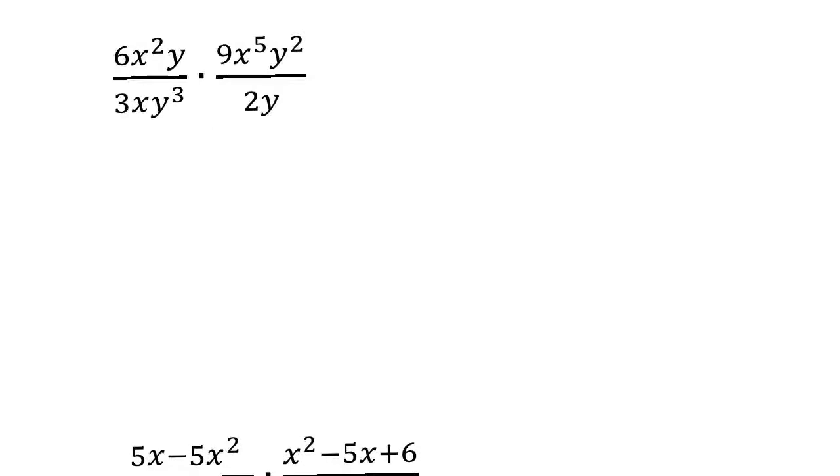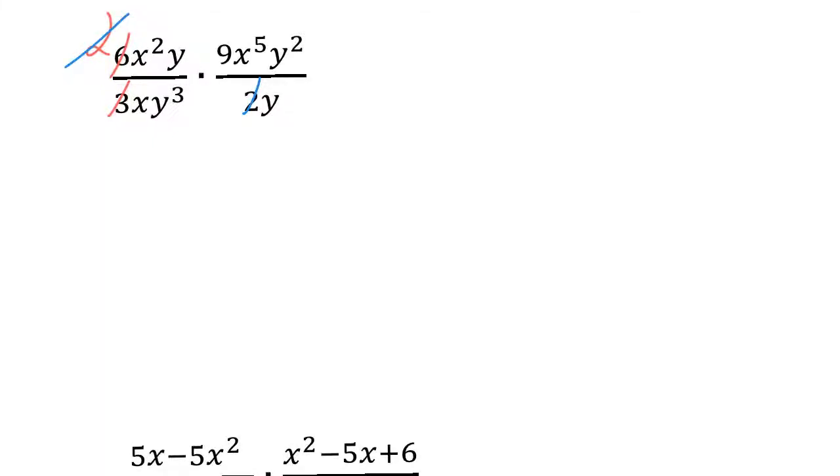When I see these numbers, I see that 3 goes into 6 2 times, and this 2 can be divided by that 2, because I end up with 6 times 9 over 3 times 2, which is 6. So the 6 basically cancels, and this 2 cancels this 2.